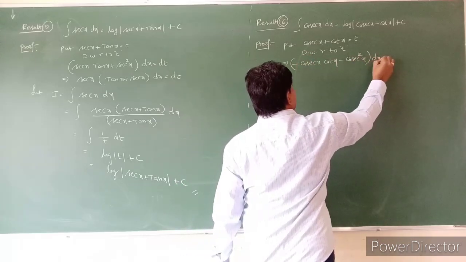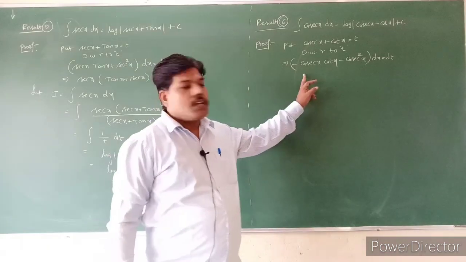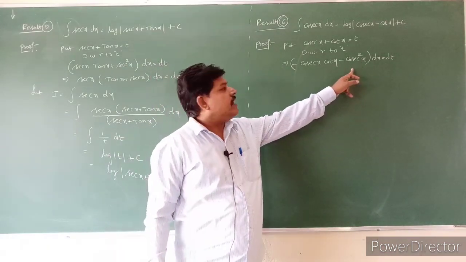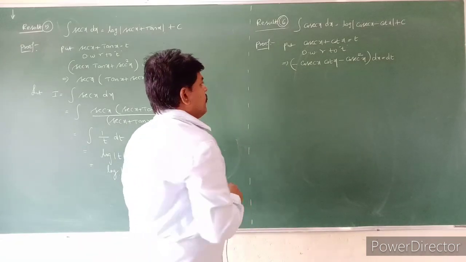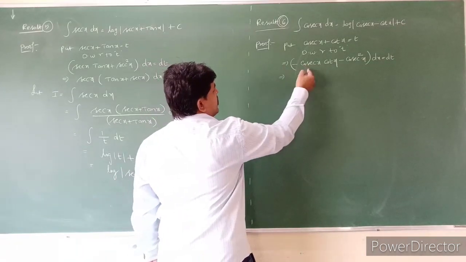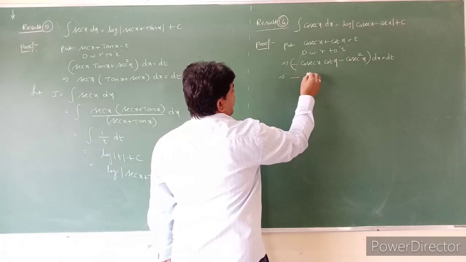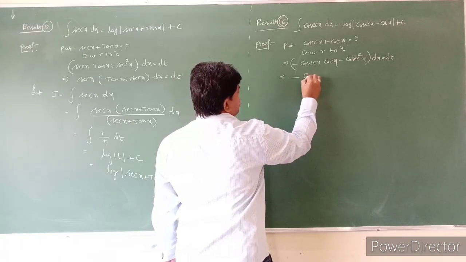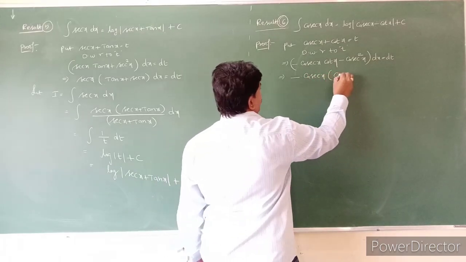So minus cosecant x into cot x minus cosecant square x, into dx, becomes dt only. Now I will take the minus common, and also cosecant x common. So what does it become?